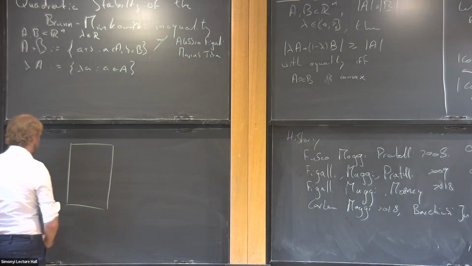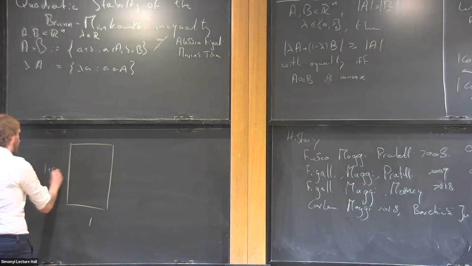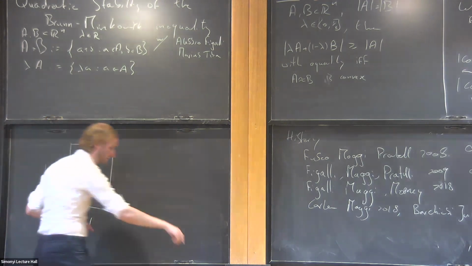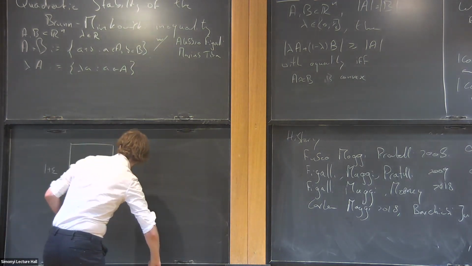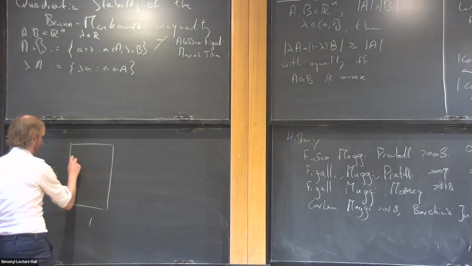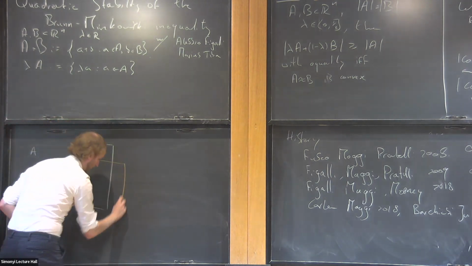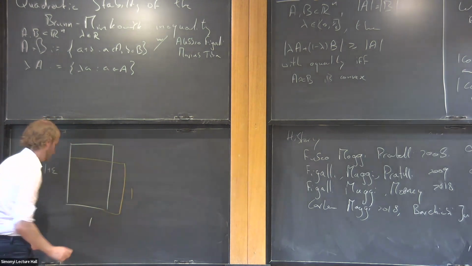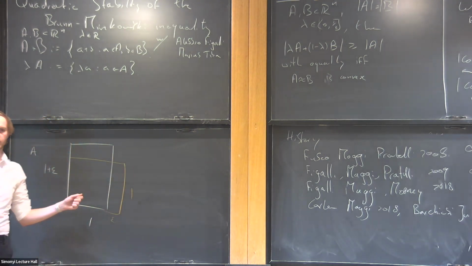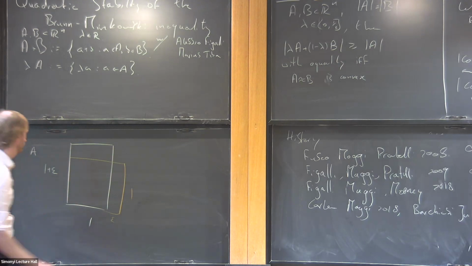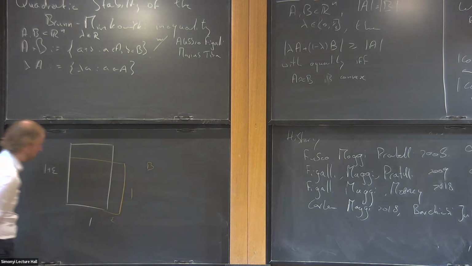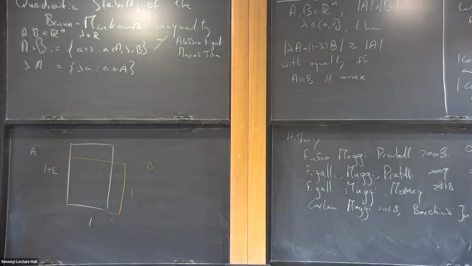The way to do it is to consider a rectangle with one height 1 plus epsilon. So let's say this is A. And now I'm going to take another rectangle. Looks very similar, except that it's stretched out slightly in the other direction. So that's just B. Now, what does (A plus B) over 2 look like?